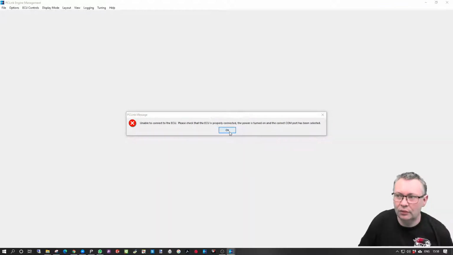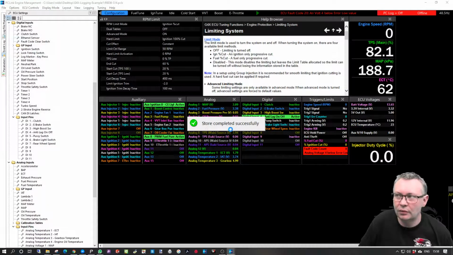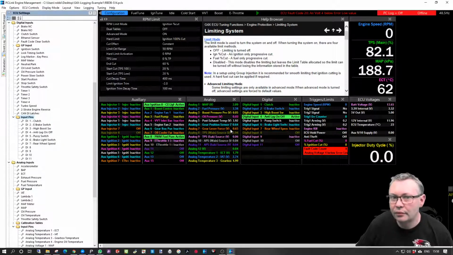Ooh. And it's disconnected from the ECU for some reason. Oh, my power maybe has gone off. Yeah, sorry, I had a fluctuation at my power supply here. I think it caused the ECU to turn off.